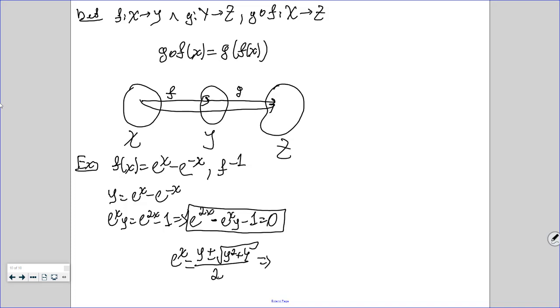So from here we have that e to the x is equal to y plus the square root, over 2.